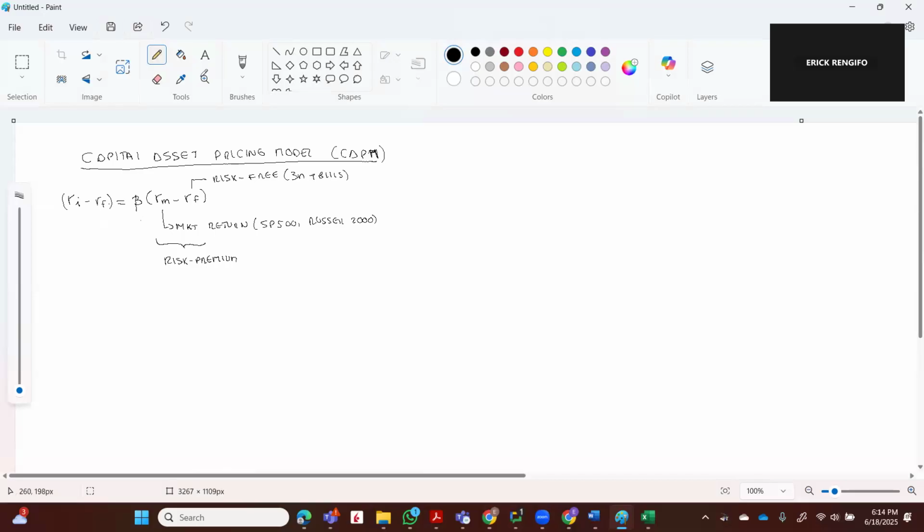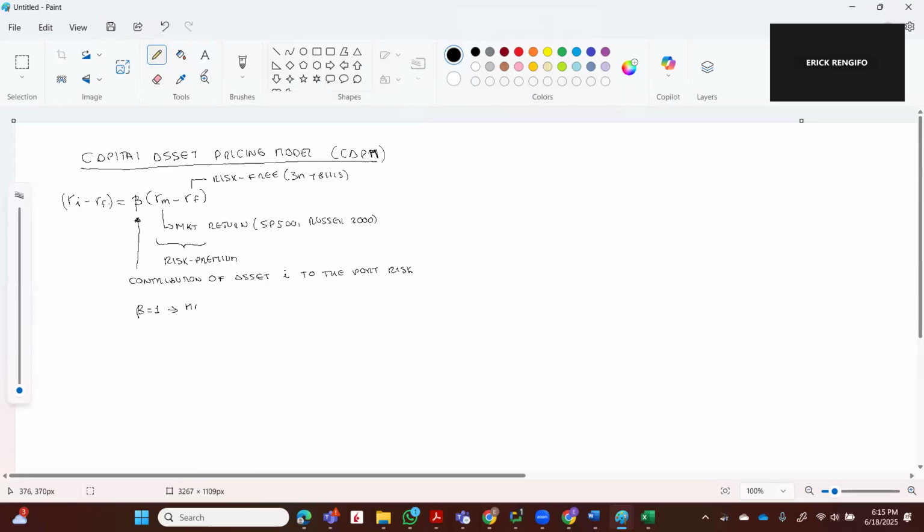Oh, so what is beta? Beta, guys, mathematically, this is the contribution of asset I to the portfolio risk. Now, beta, guys, can be equal to 1. If beta equals 1, this is market risk.